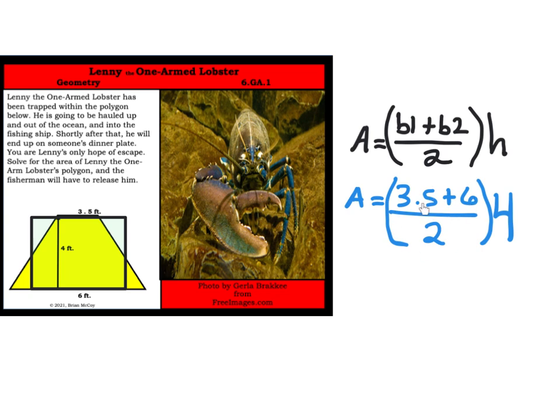Super. So let's go ahead and do the first step here. I'm going to take 3.5 and add it to the 6, which is going to give me 9.5. So now I've got 9.5. Let's go ahead and just write A equals, and then 9.5 divided by 2, right? And then I'll take all of that and multiply it by 4. Superb.